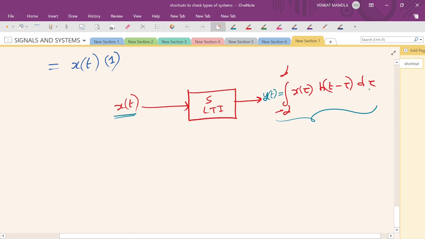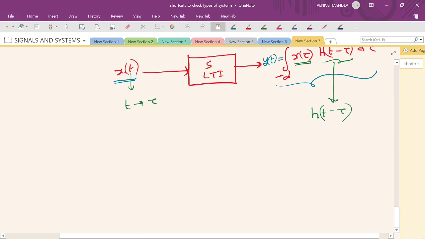What is the unknown thing here? x of tau I already know, because it is x of t with the variable changed from t to tau. That is known. The unknown is h of t minus tau. How do we find it? Initially I don't know about this linear time invariant system.